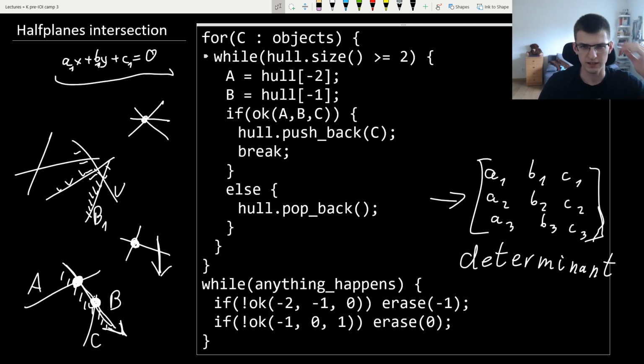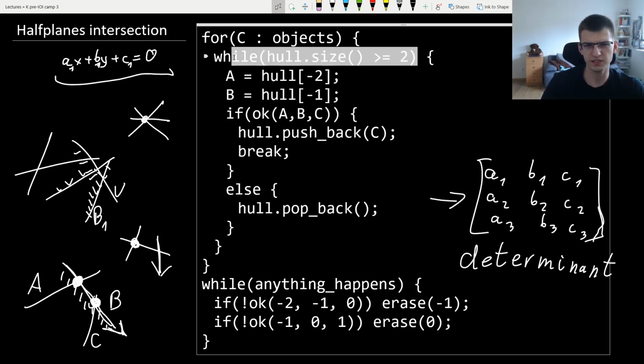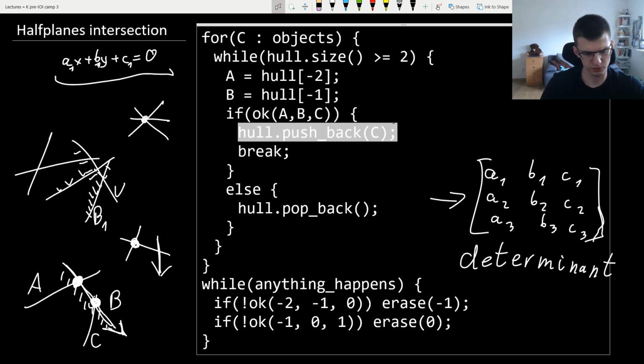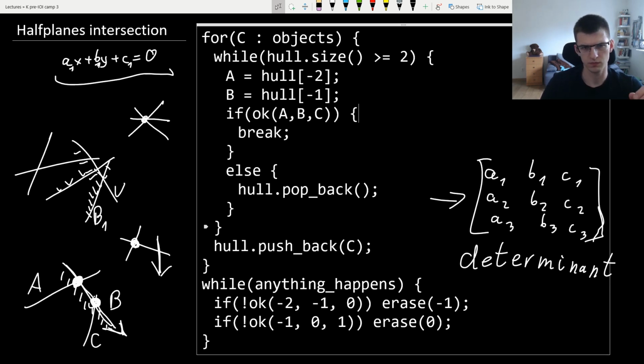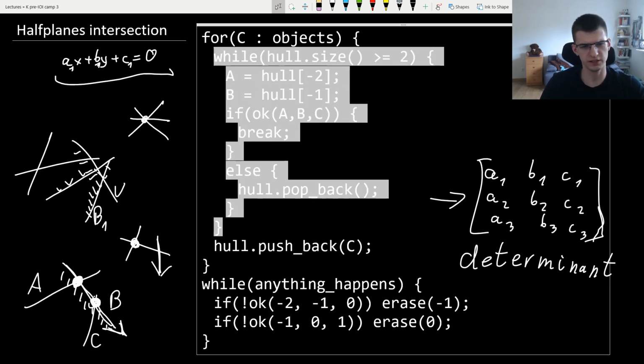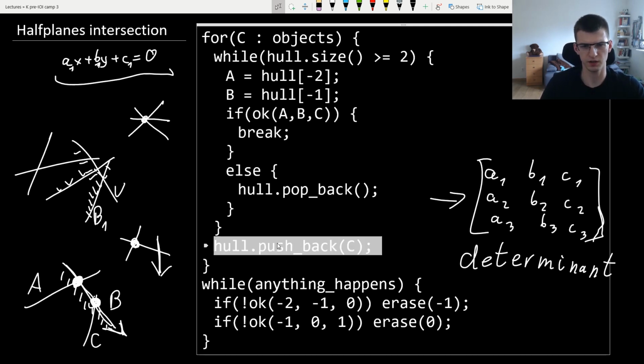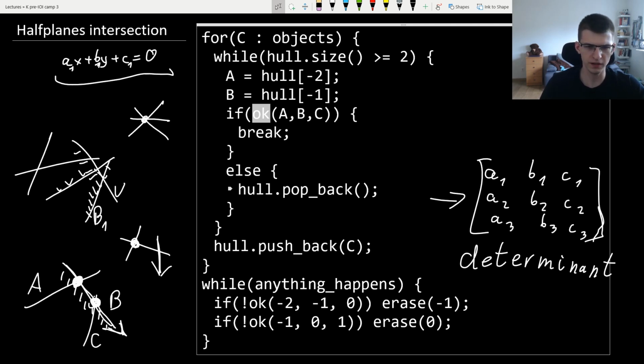Because you have that, if the size became smaller than 2, you still want to push back the C. So it's better to move this here. Every next line you want to once push back. That is better. Now we are good. I'm saying you can switch this to if is covered, so not okay, then hull pop back, else break.